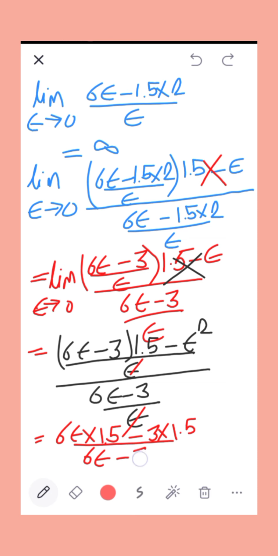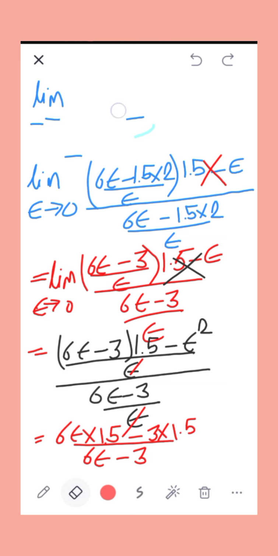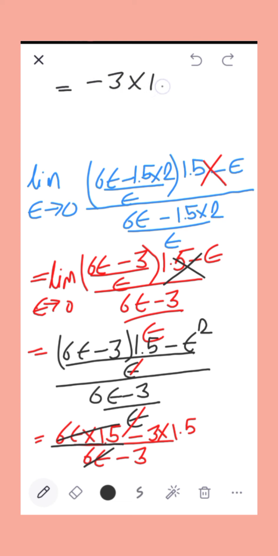upon 6 epsilon minus 3. Okay, so when we put epsilon equal to 0, the epsilon terms become 0. So the final one is minus 3 into 1.5 upon minus 3.